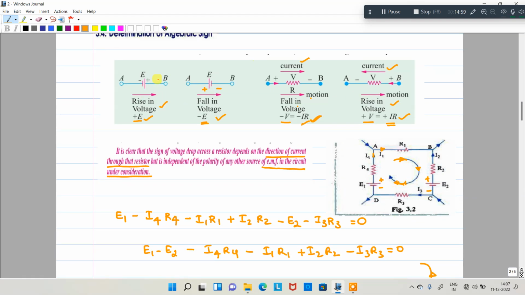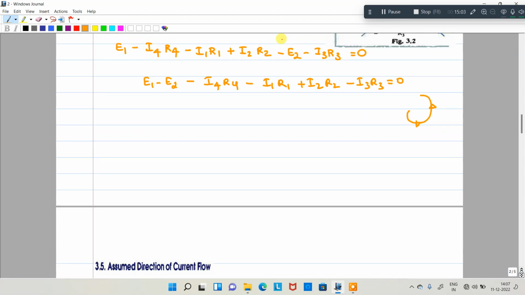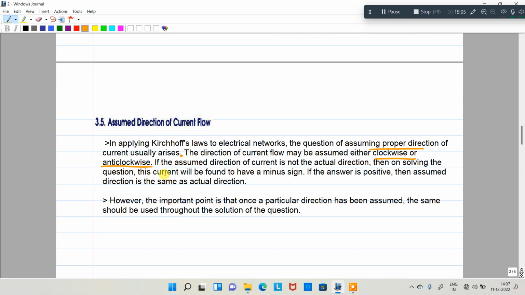For the anti-clockwise direction, the assumptions are reversed. If the assumed direction of current is not the actual direction, then on solving the question, the current will be found with a minus sign. While solving the equations, you might get a negative sign with our assumptions.